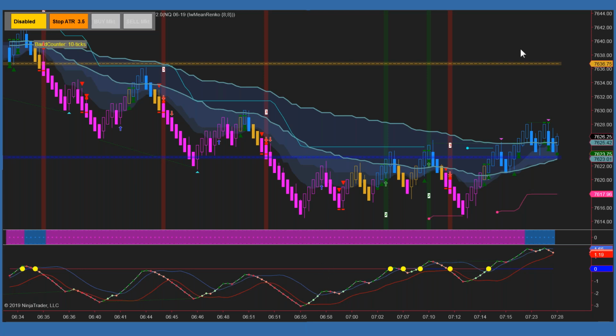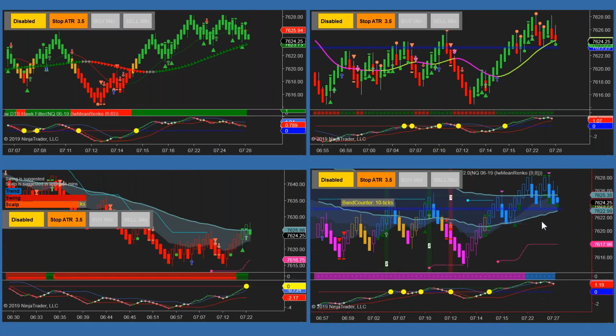You know, on the time-based chart, we did not have this kind of base forming. Okay, Joel says, I'm pretty sure I get tick data from Kinetic. Yeah, Kinetic, they do provide tick.